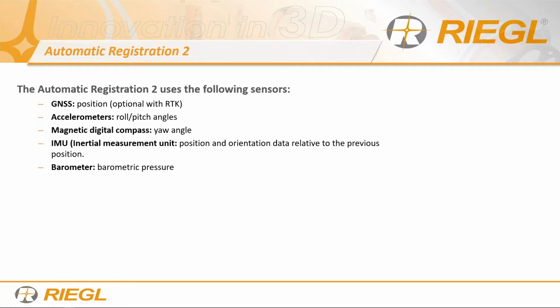All this information is stored in each scan position. Each scan position has a file that has all this information in it, because each scan position is obviously completely different as far as its position and orientation.